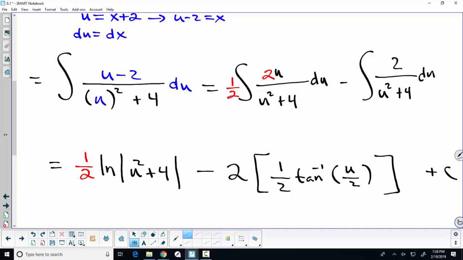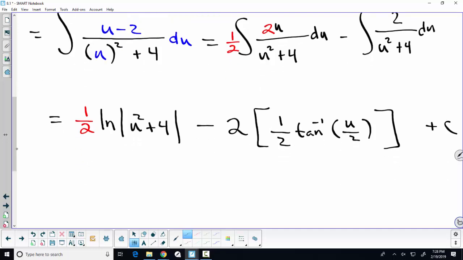Are there any questions? The ln, can we get rid of the absolute value for that? Yeah. So remember, in terms of u, you could get rid of this, but you've got to resubstitute in for x, because this is really an expression involving x. So we want to make sure that whenever we resubstitute for x, this quantity does indeed always stay positive before we remove the absolute value. So we'll see what that looks like once we resubstitute.